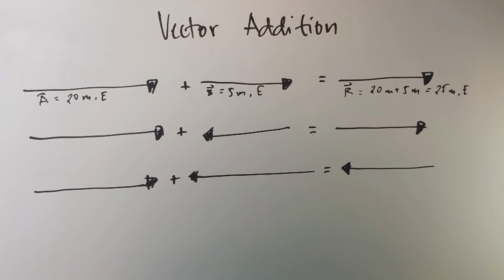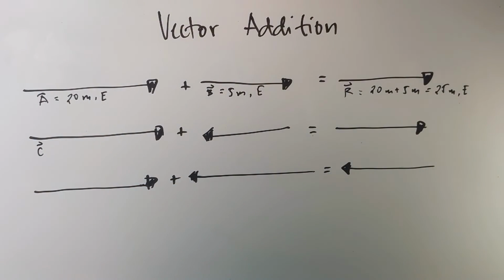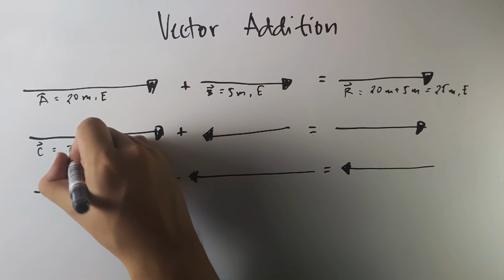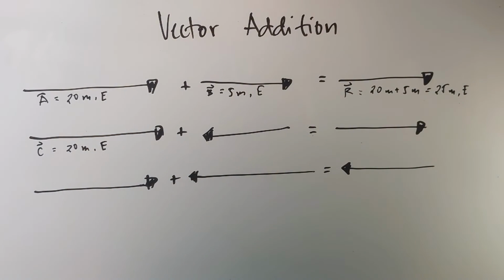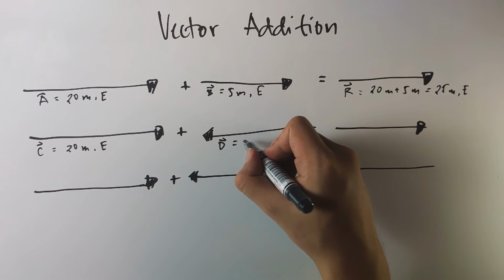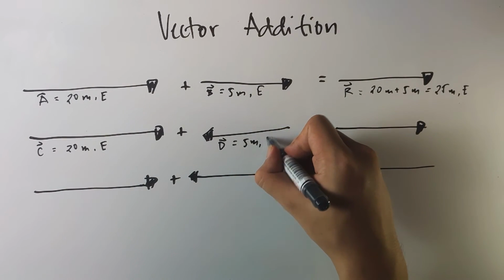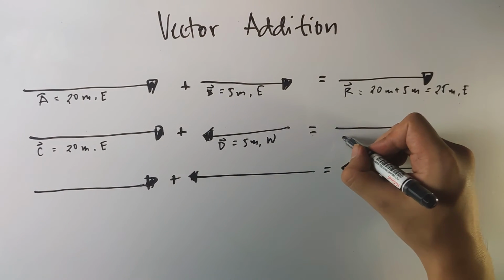How about the second case? Let's say we have vector C, again 20 meters going to the east. But our vector D is 5 meters going to the west. You're going to notice that it's in the opposite direction. So what would happen?